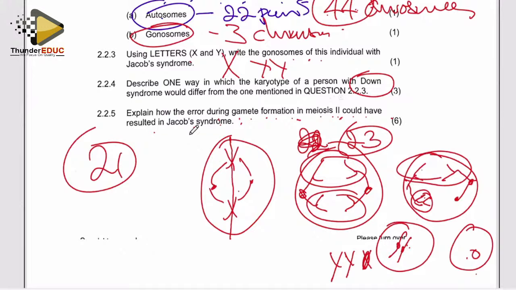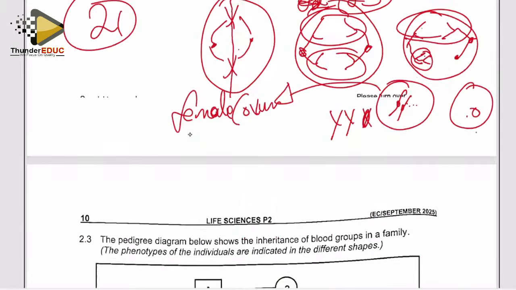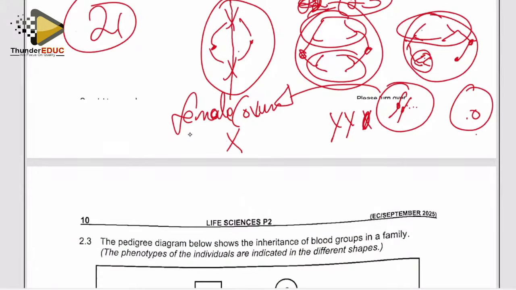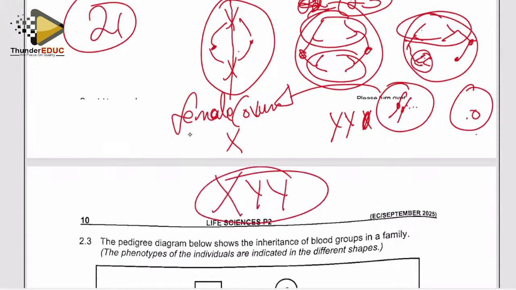So if this cell fertilizes a female ovum, what is going to happen? The ovum is going to bring X, so that now this individual is going to have one X and two Y chromosomes. So basically, this condition occurs as the failure of the chromatids to separate at position 23. That's what we talked about.